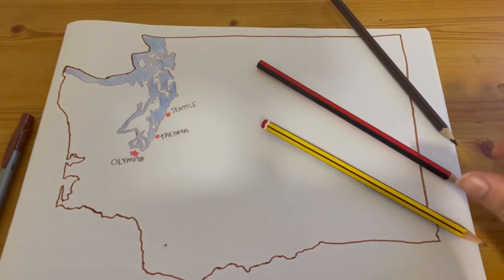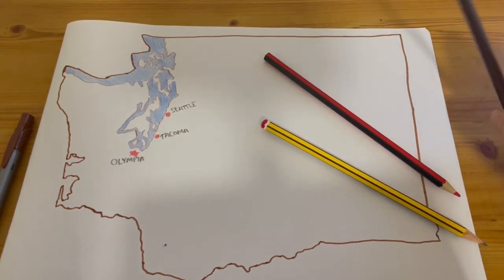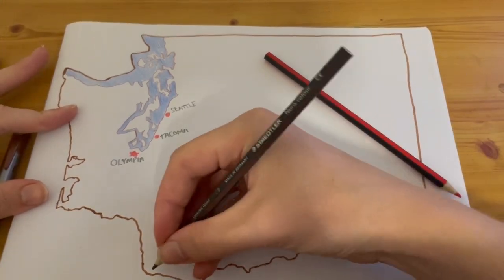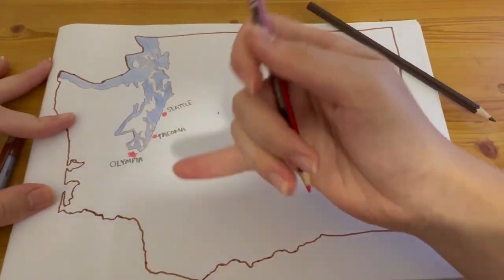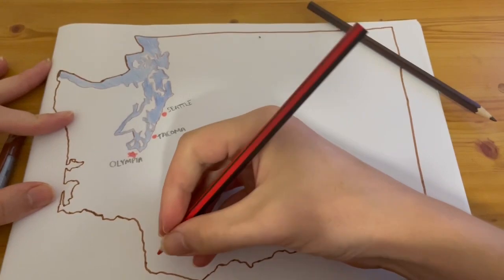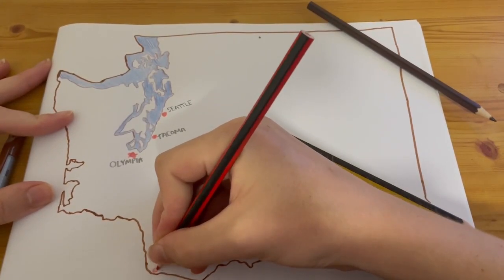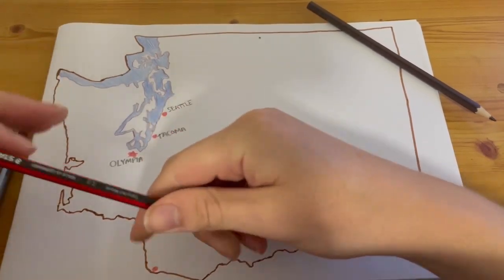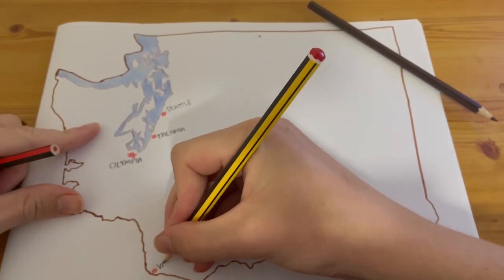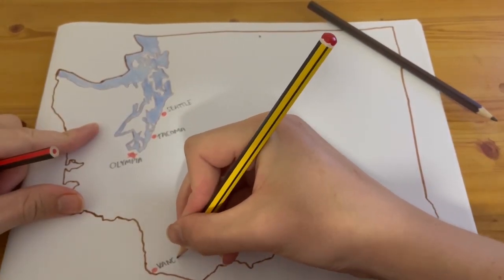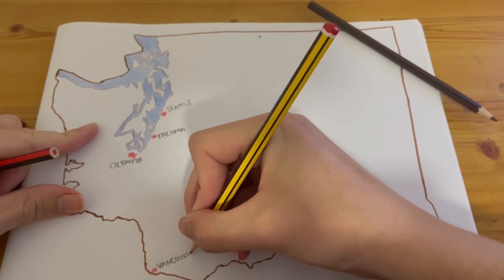And then which other two I want to do? Oh yes, so here we go all the way. That's the wrong colour pencil. All the way down here, nearly, nearly in Oregon. We've got somewhere that shares its name with a big city in Canada, Vancouver.